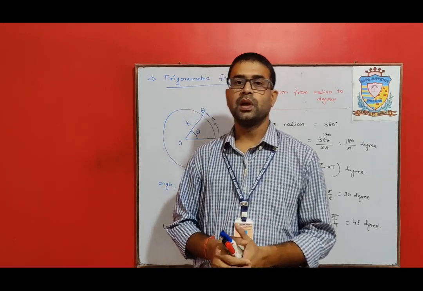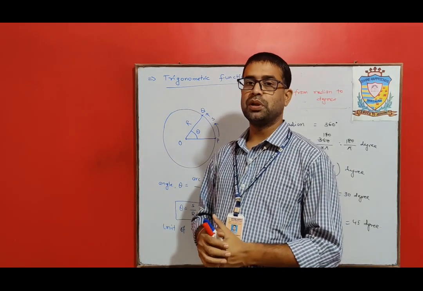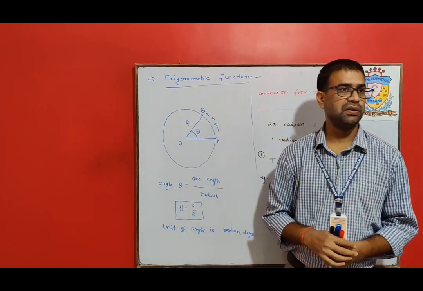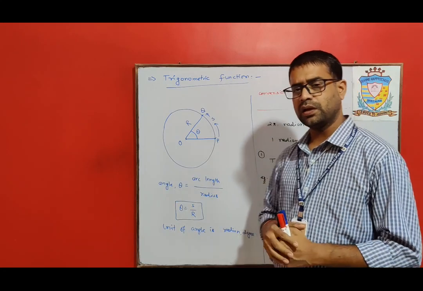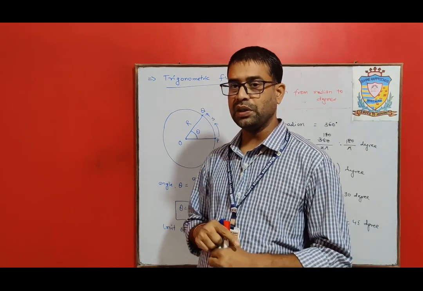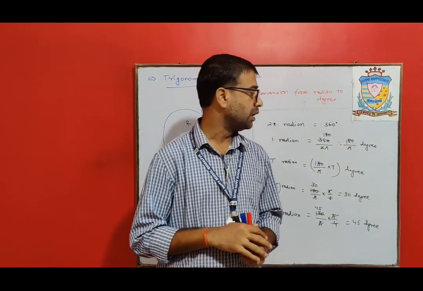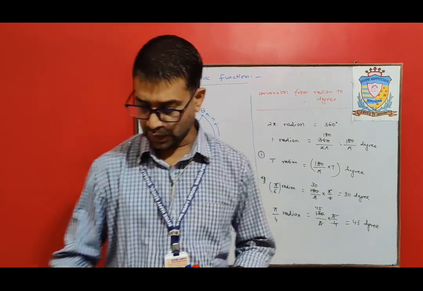Hello everyone. In the previous class we discussed the mathematical tools, some basic tools that we will use in physics, and some basic functions of trigonometry, that is how to convert degree to radian and radian to degree.